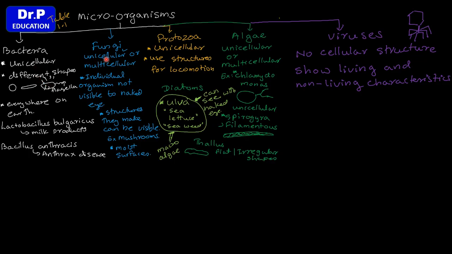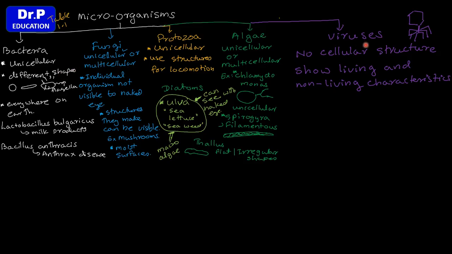Now, other microorganism categories like bacteria, fungi, protozoa, or algae, they are alive. They are alive without living inside someone else. Bacteria, fungi, protozoa, algae, they can grow, they can multiply on their own without using a host.